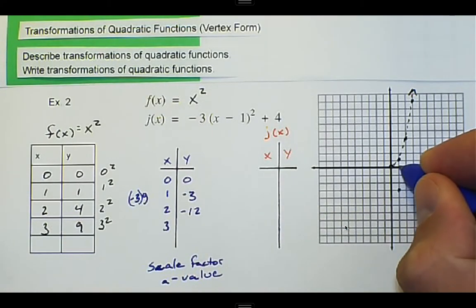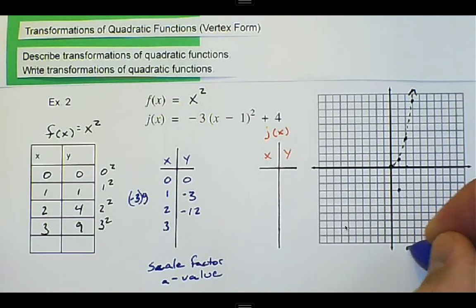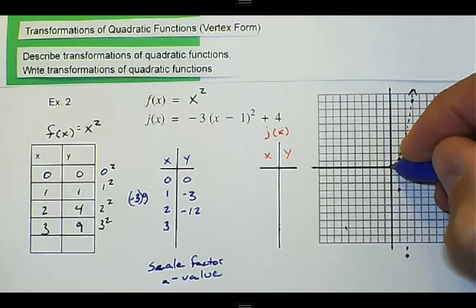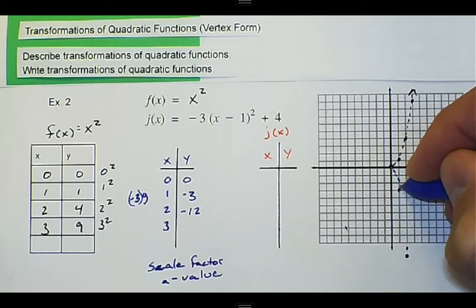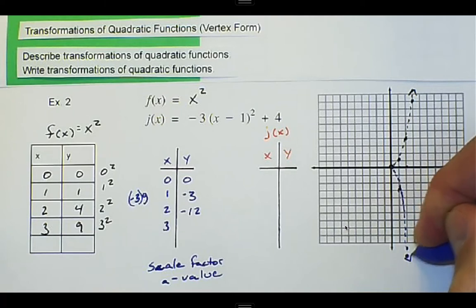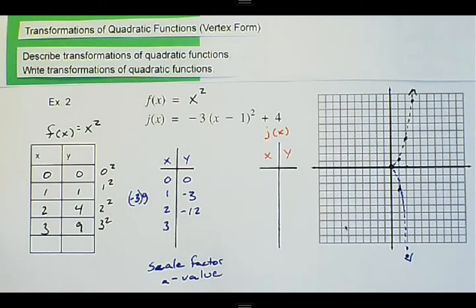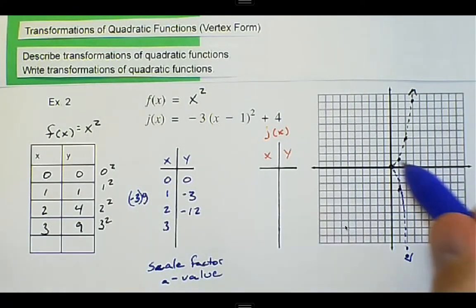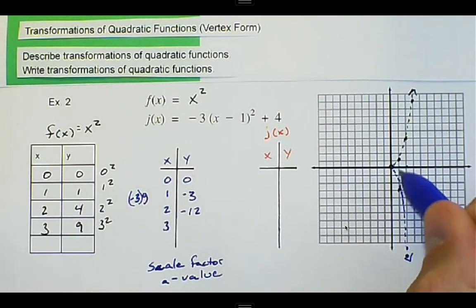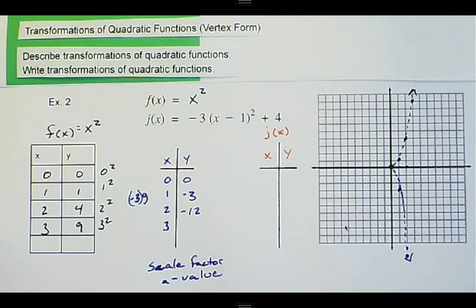So now we have this function graphed, which is upside down because of the negative, and really stretched out because of the 3. Instead of going over 1, up 1, we're going over 1, down 3. So it's getting stretched out by a factor of 3.